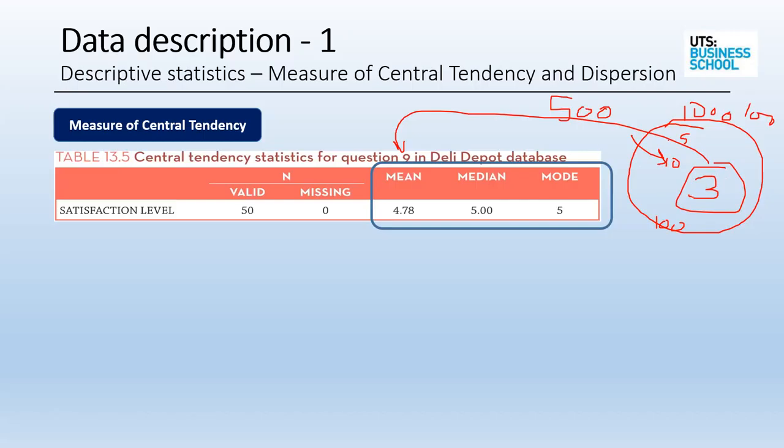So if you find that a majority of consumers, 500 consumers, come and spend $10 in your store, then that amount of spending is called the mode, right? So the mode of spending by consumers is $10.